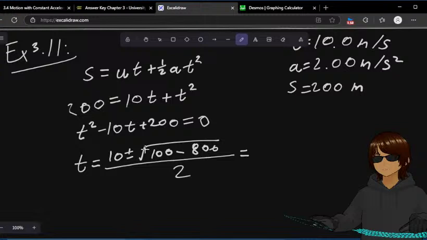Hey, this is not possible. Minus b plus or minus root b squared minus 4 times a times c. Did I... oh, it's minus, right? So this is plus. So root 900, which is 30.